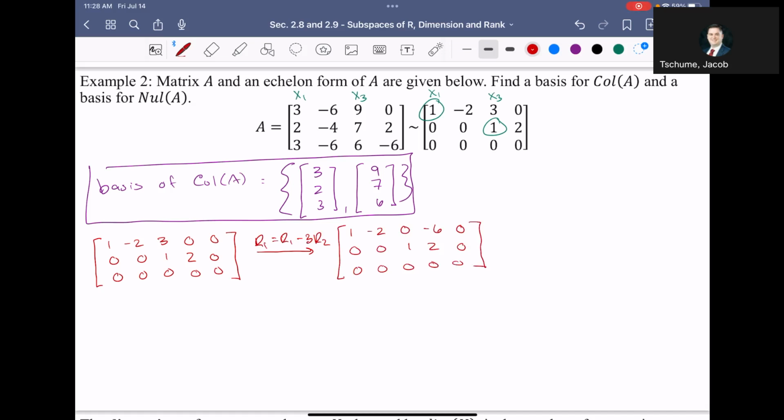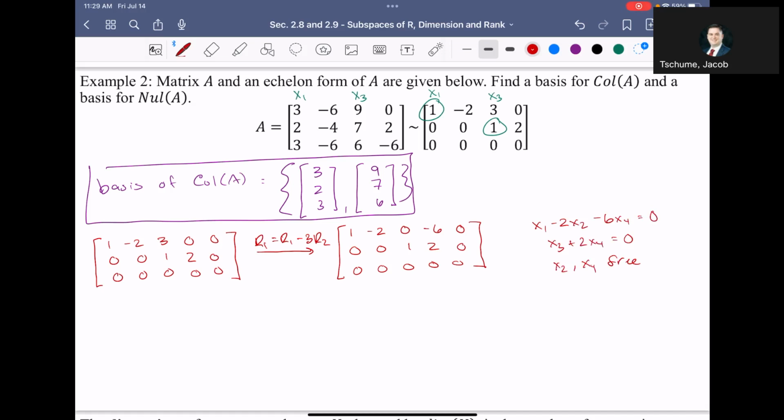Now that you have reduced echelon form, remember you can take this and write out what it says. This says that x1 minus 2x2 minus 6x4 is 0. The second row says that x3 plus 2x4 is 0. And then going off the columns you didn't circle, x2 and x4 must both be free variables.